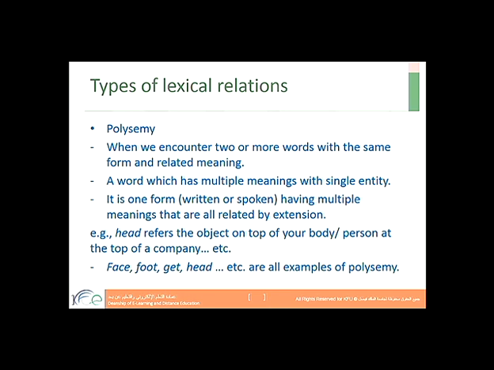For example, head. I can use the same word to refer to different meanings. I can use it to refer to the object on top of your body. I can also use it to refer to a person at the top of a company or a department.